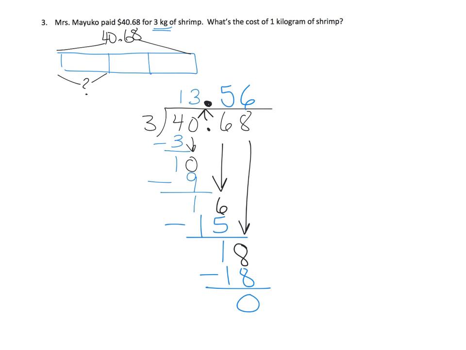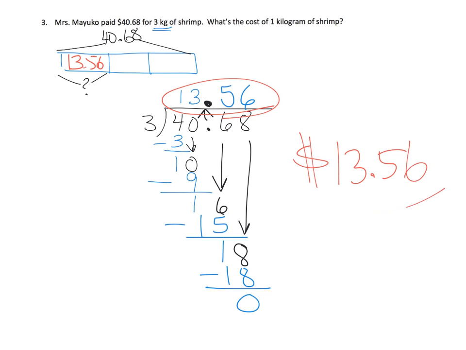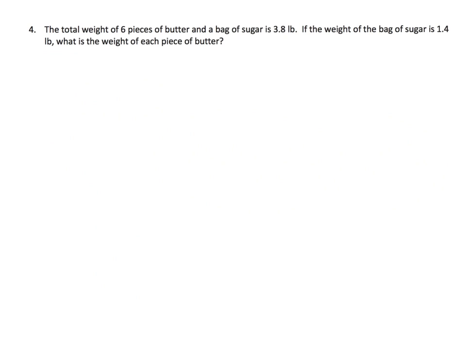We have nothing left over. And so that means each piece is $13.56. So each kilogram is $13.56.